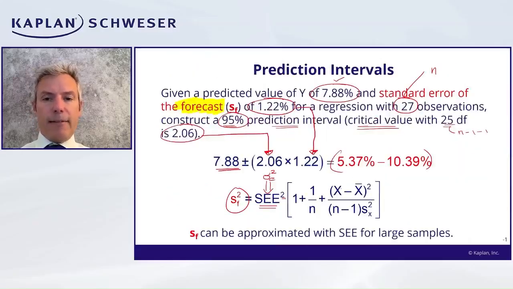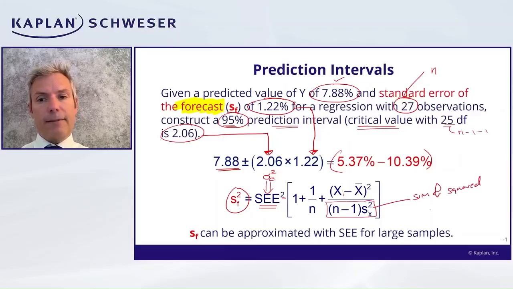This is how far your x observation is away from the mean, squared, relative to what's on the bottom. Well, n minus 1 times the sample variance is just the sum of squared deviations in your x term. In other words, your variation. It's the numerator of the variance, isn't it? It's the variation in x.